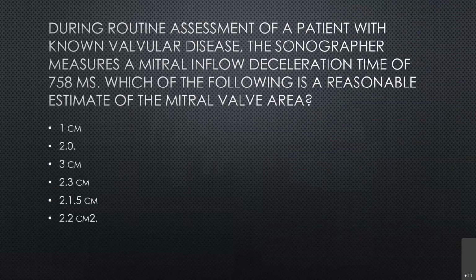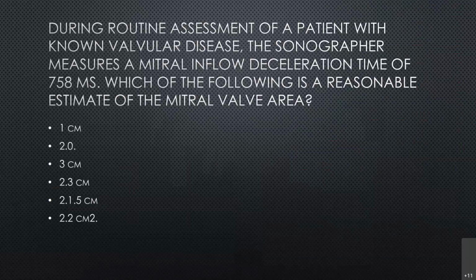So correct me if I'm wrong, but to get the pressure half-time, I think it's two-thirds of the deceleration time. So I'm trying to calculate here with my phone. So it's 0.29 times deceleration time. And yeah, the third, yes. Times deceleration time, which was 758, gives me 219.